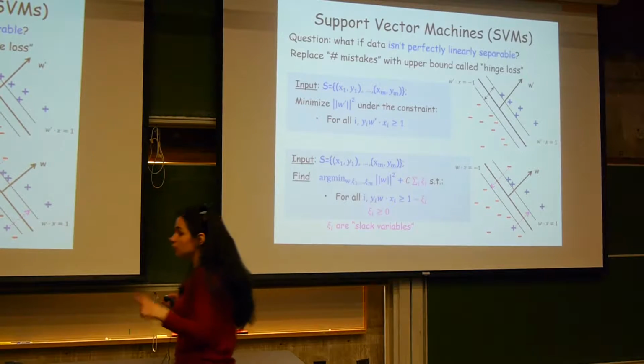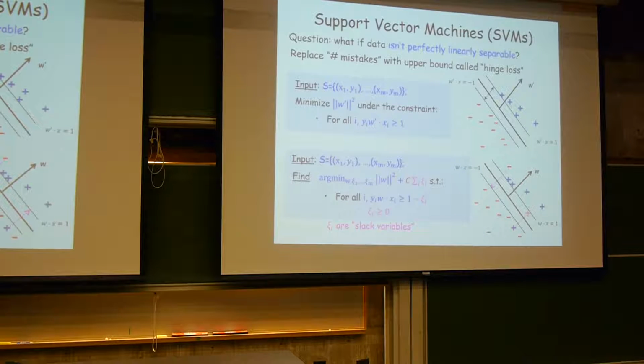If you recall, this is how the optimization problem looks in the realizable case, when the data was truly separable by a margin. I was looking for a linear separator like this one here, specified by a normal vector w', and I was trying to minimize the norm of w' and ensure that all the positive examples are above this hyperplane, specified by w' dot x equals 1.